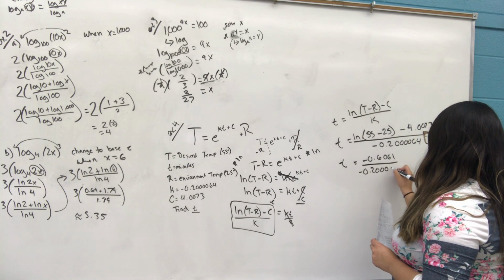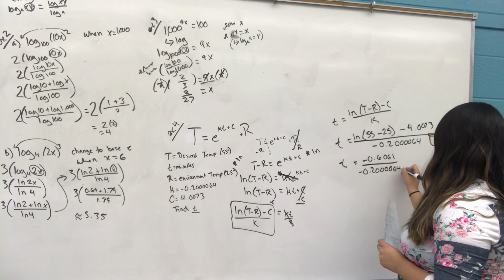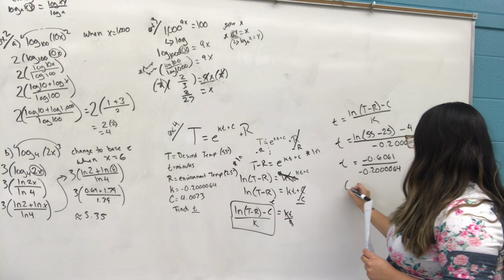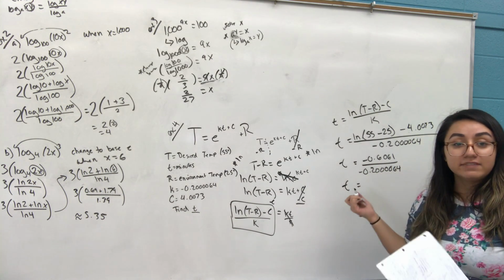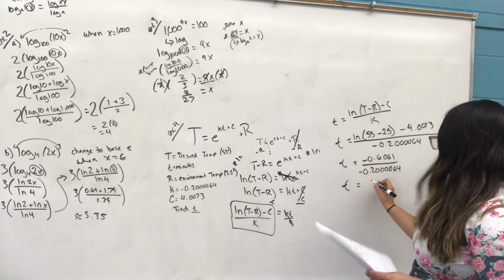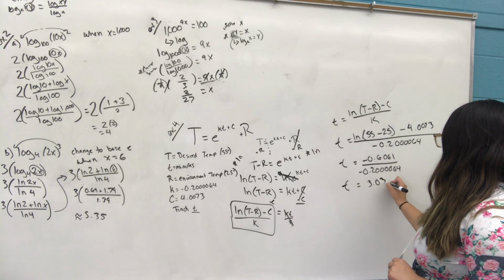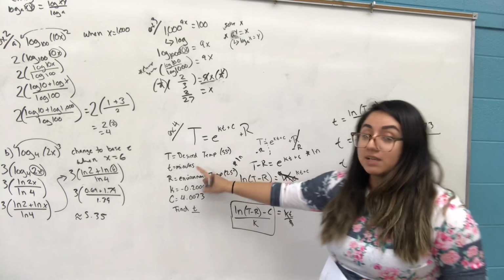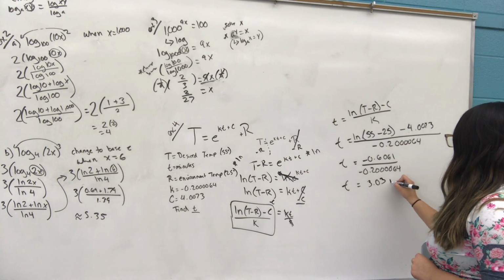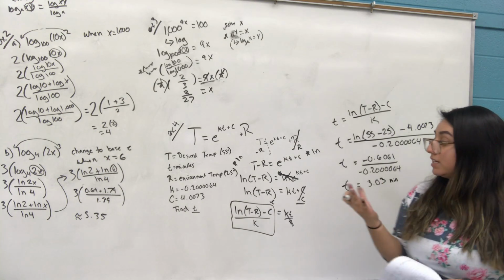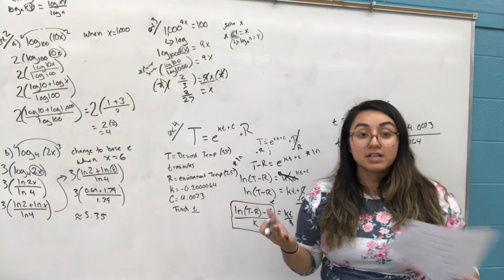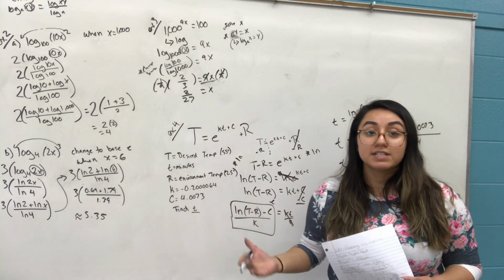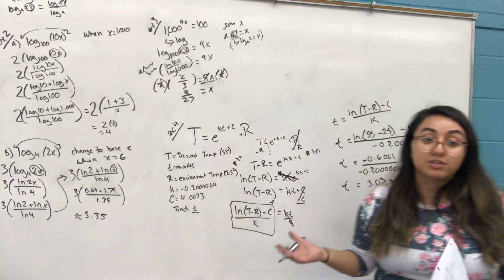I'm not going to show you all the work, it's going to take forever. But then you go ahead and simplify. I divide those two, negative over negative, I get a positive, about 3.03. And t is in terms of minutes. So to cool from 80 degrees to 55 degrees in a room temperature of 25 degrees, it will take about 3 minutes.